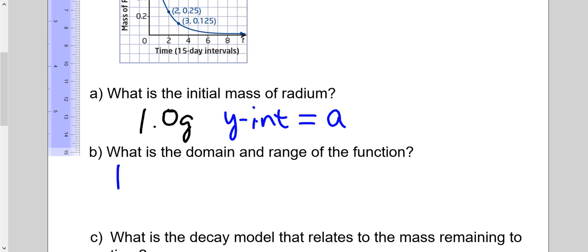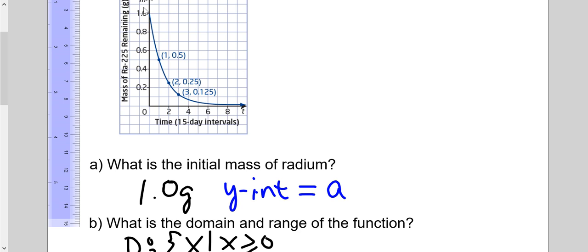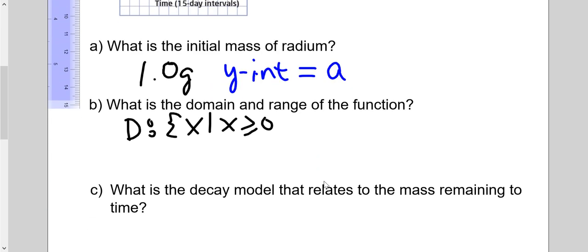So the domain is x greater than or equal to 0. Because if you look at this, x can be 0. All right, x could be any real numbers from there on.